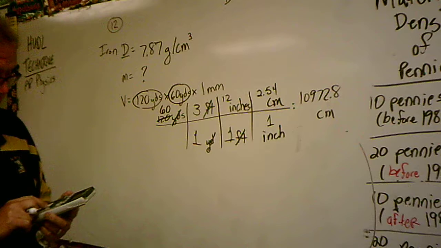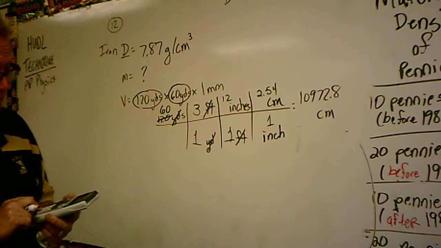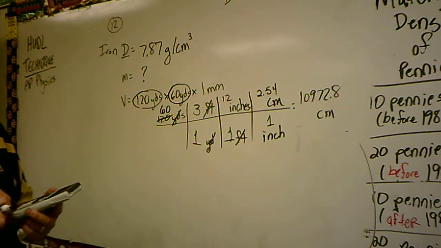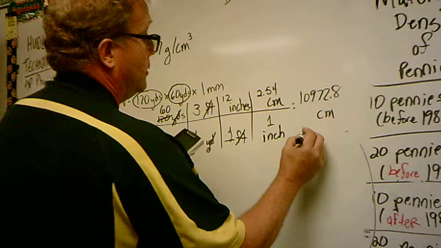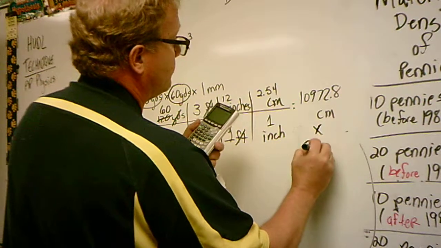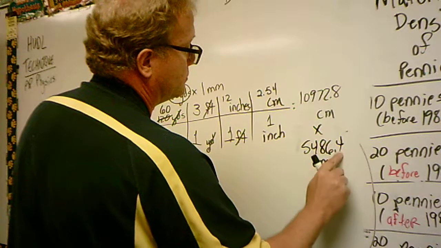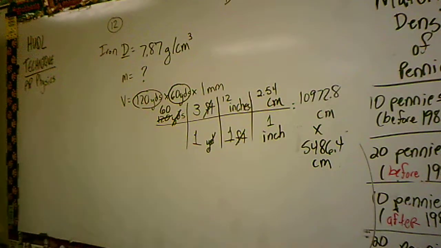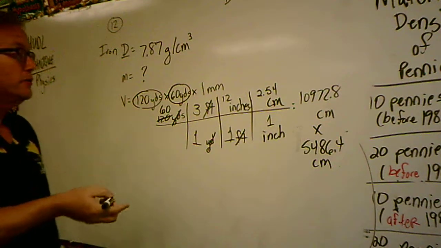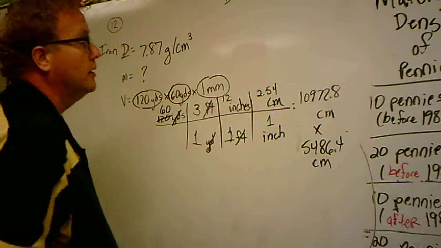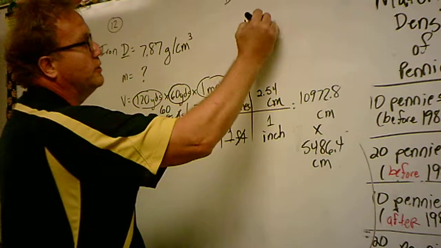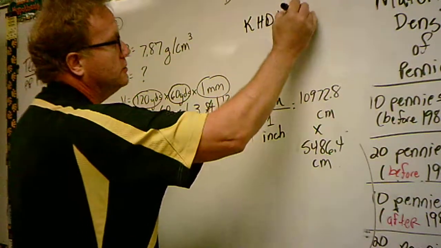So 10,972.8 divided by 2 equals 5,486.4 centimeters. Now we only have this one left, and again we can do our King Henry died by drinking chocolate milk.